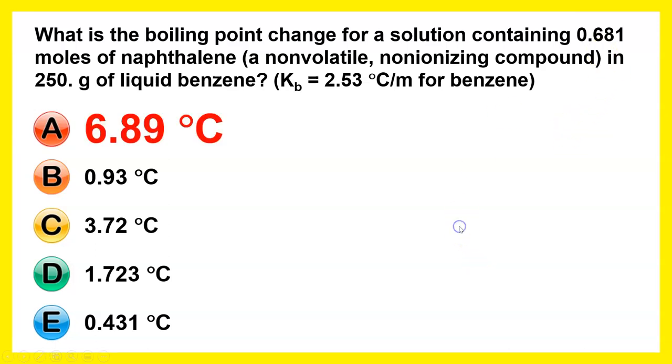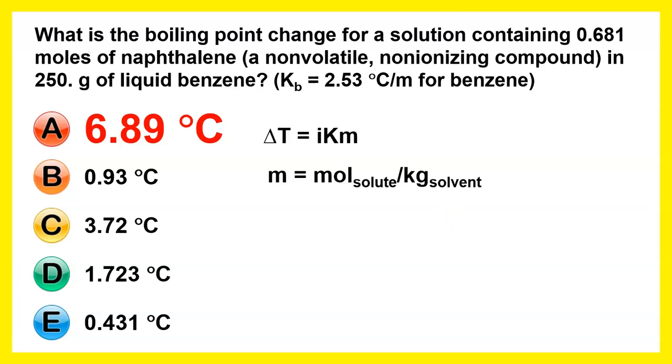All right. It's going to boil 6.89 degrees higher than normal. So we have our moles over kilograms of solvent. Remember, they will often give you it in grams and you have to convert.